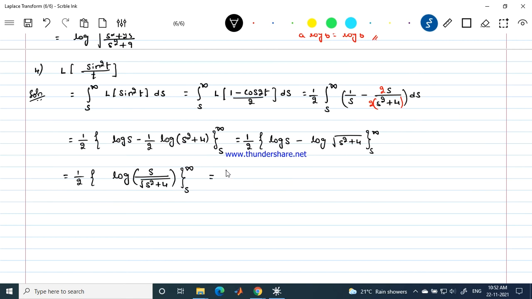Now we know the next part. It should be written as log of s upon, take s square common, and when I take that s square out of the square root, it just becomes s square root of 1 plus 4 upon s square, between the limits s and infinity.